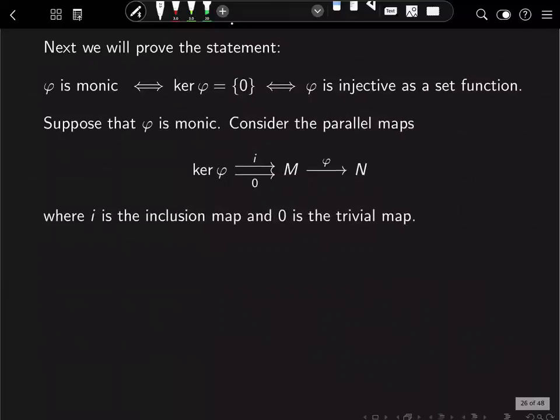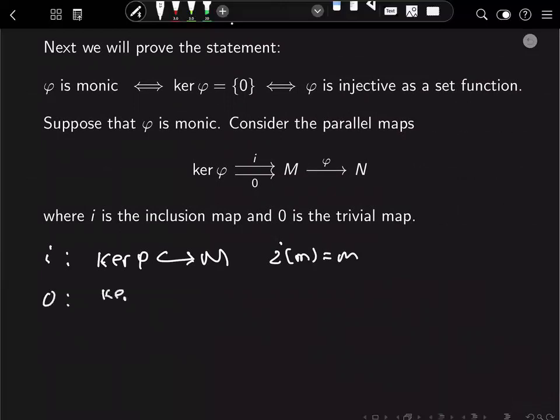So first we're going to suppose that phi is monic. And we're going to consider two maps. We're going to have the kernel of phi, that's going to be the injection into M, so that's just I of M. So it's the injection of the kernel of phi into M, and we have the 0 map.